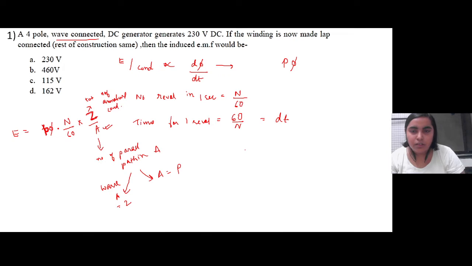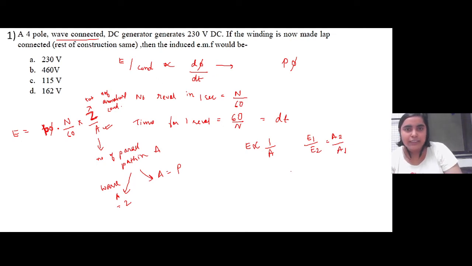So E can be written as inversely proportional to A. So E1 by E2 can be given as A2 by A1, right? So in the first case, it is given as 230 volt DC. So 230.